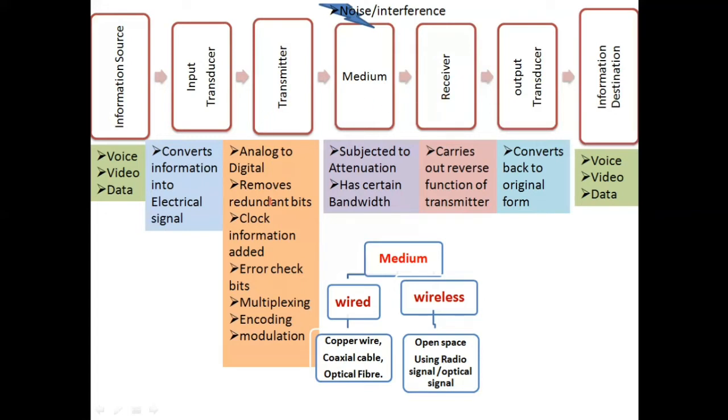For this synchronization purpose, we need to send clock information along with the data, such that the receiver will try to latch on to that clock and work with the same phase and frequency. We cannot send the clock separately in another medium, so it is always sent along with the information only.